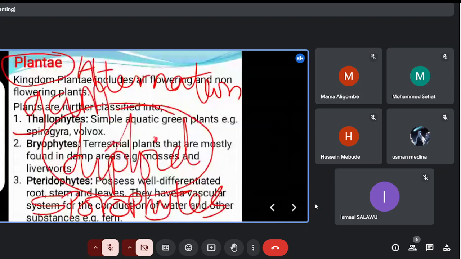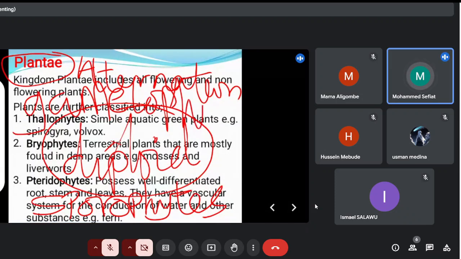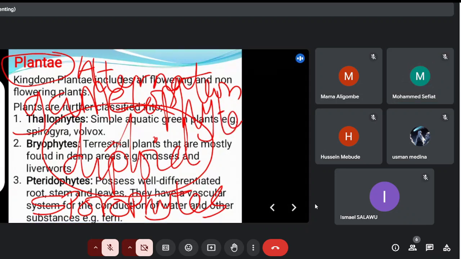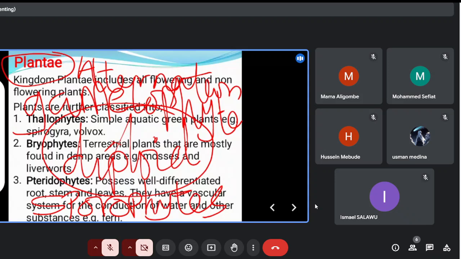So we'll not talk about their gametes too now. I don't want to bombard you. The gametophyte stage.